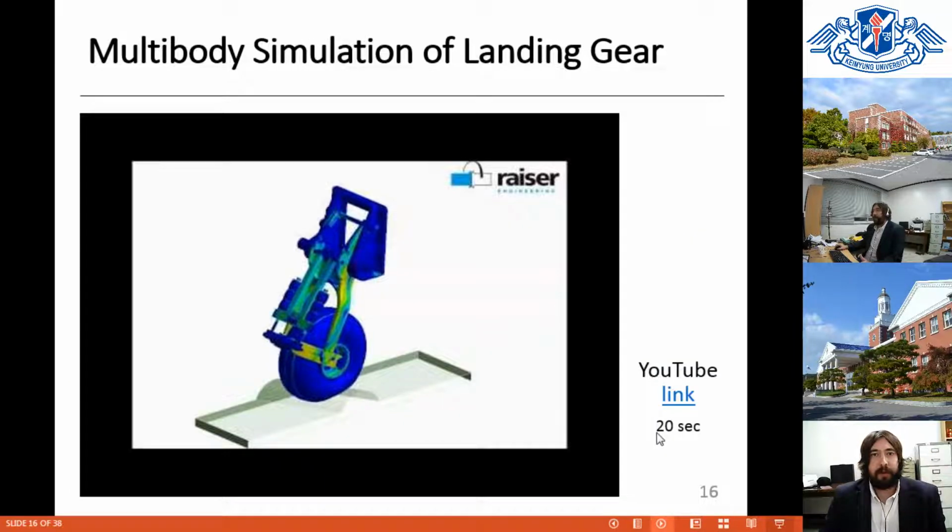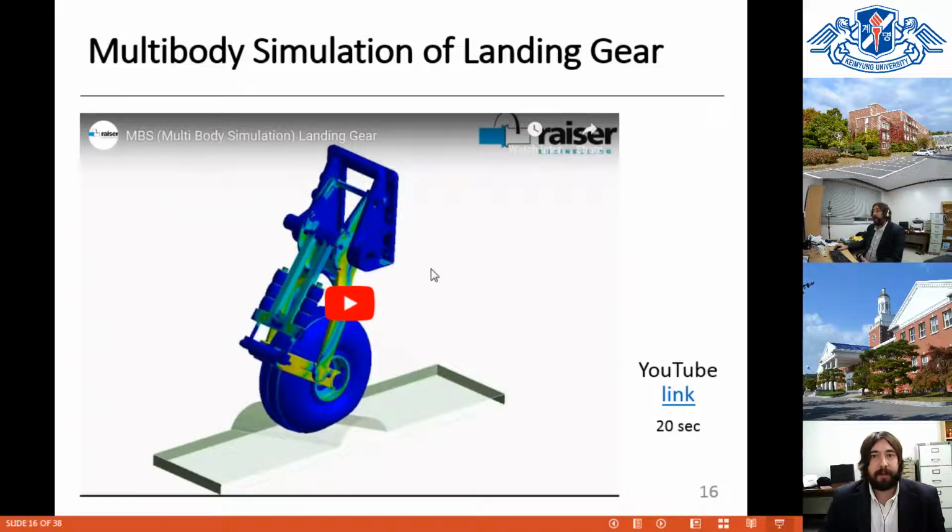So let's have a look at how a landing gear, which is a multi-body system, looks when a plane lands. When it lands, you will see that there is an obstacle here. So there will be some changes in this multi-body system.